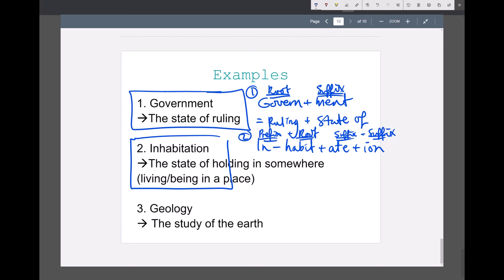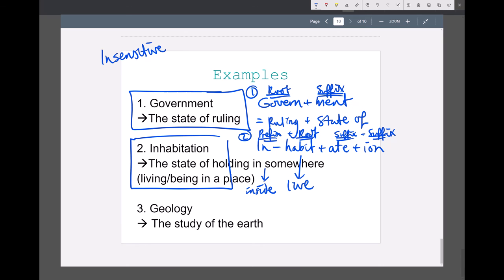So this describes the state of holding in somewhere, living in a place. So habit means to live, like habitat. In means inside. In this case, it can also mean opposite of, like insensitive.